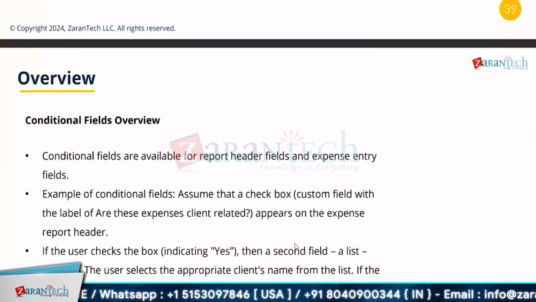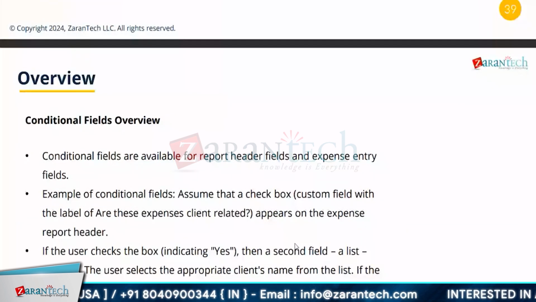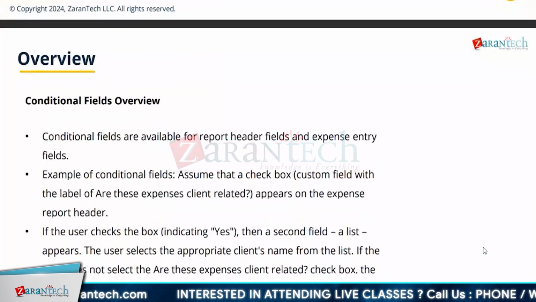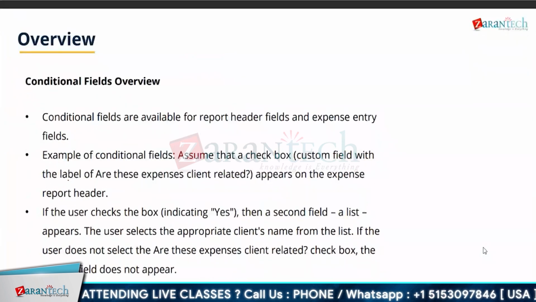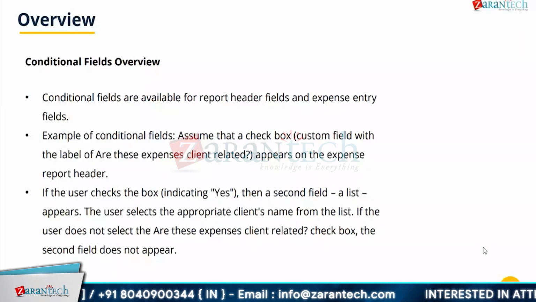Then we are going to see the conditional field overview. Conditional fields are available for the report header field and the expense entry field. So this is basically for the report header as well as the entry field. As an example of conditional fields, assume that a checkbox appears on the expense report header. If the user checks the box indicating yes, then a second field, a list, appears.